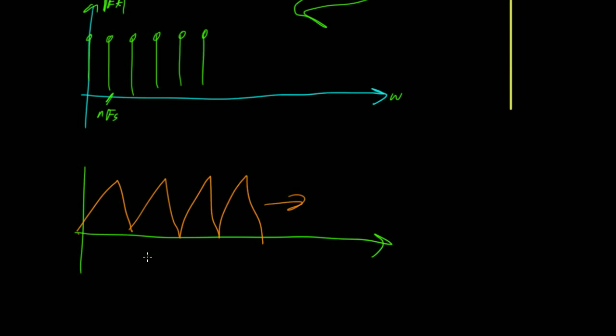If this is much smaller, superposition kicks in, so now I have to add those signals together, which means that I no longer have the original signal's information. Because the labels on here are n times fs, so if fs is too small, your spacing is very close, and when you convolve them, there's overlap between those.